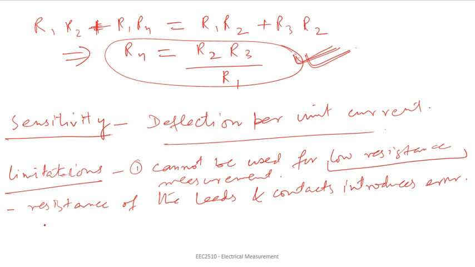We will discuss Kelvin's bridge method in the next lecture, and there we shall see how the contact and lead resistance can be eliminated by using it. It is also known as Kelvin's double bridge, so both are synonymous. We will see that in the next lecture.